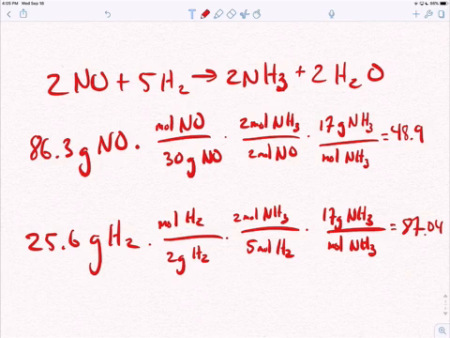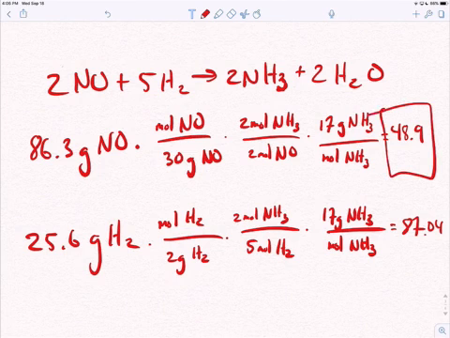Okay, so we have this one, where we can only form 48.9 grams ammonia, and this one here can form 87 grams of ammonia. Which one do we pick? The smaller one. So the idea of limiting reagents, we have to pick the one that has a smaller value, because that's the whole idea.